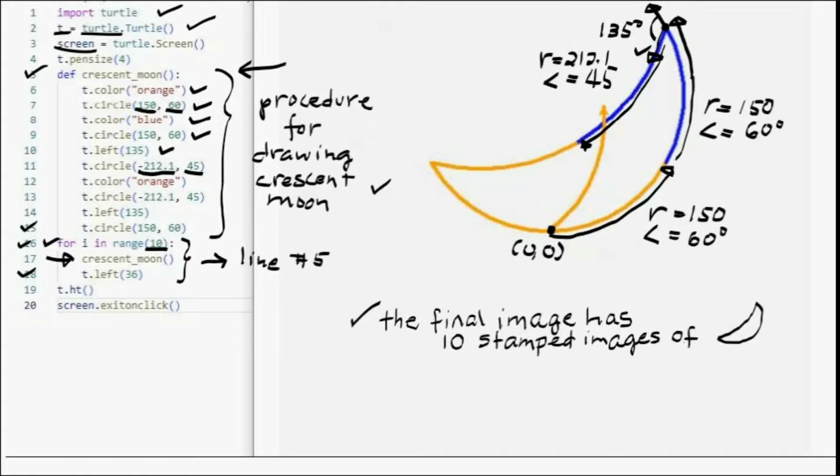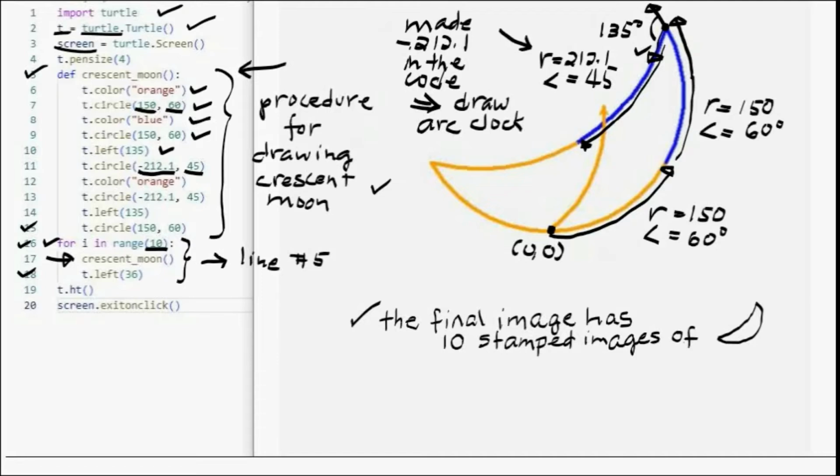Now let's go back to the fact that the R here is negative. It was made negative 212.1 in the code because what we need to do is to draw the arc clockwise.